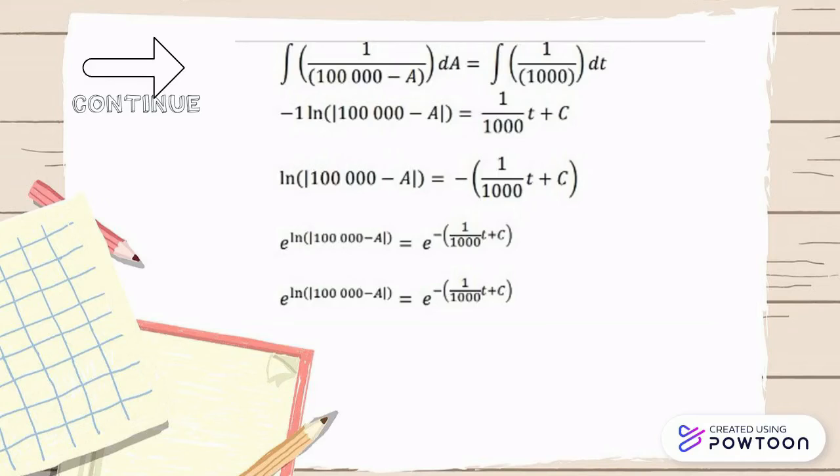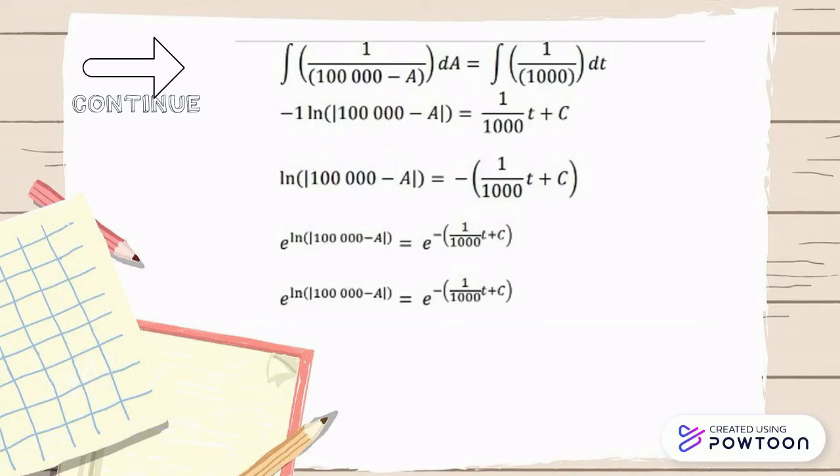Now that we have solved the left and right hand side, we need to simplify the equation. Next, we can multiply negative 1 to both the right and left hand side. And then, since we have ln on the left hand side and we want to get rid of it, we can apply the exponential to both sides. Now, for the left hand side, we can cancel ln and exponential.